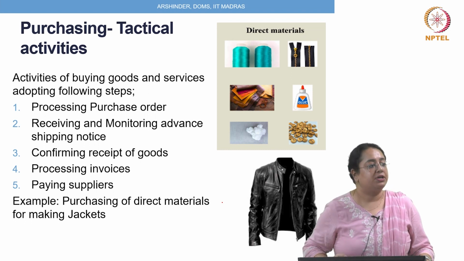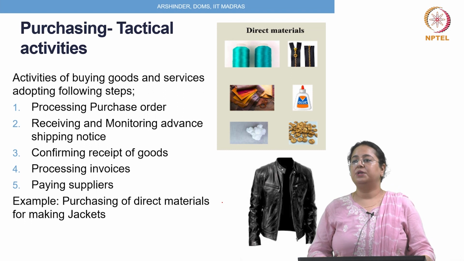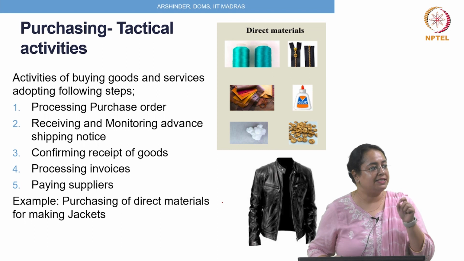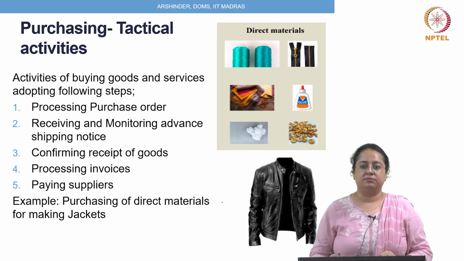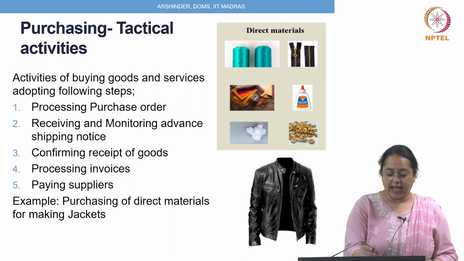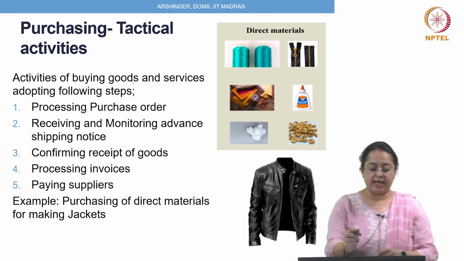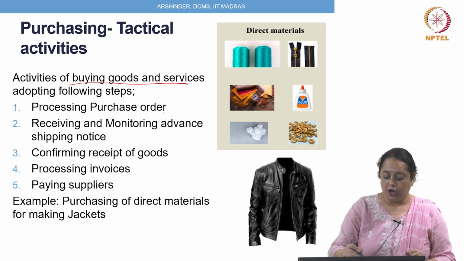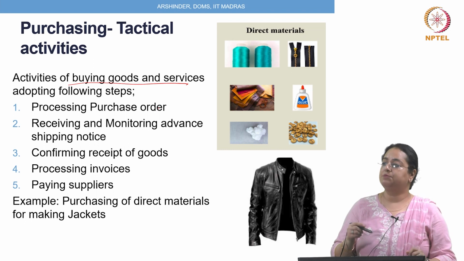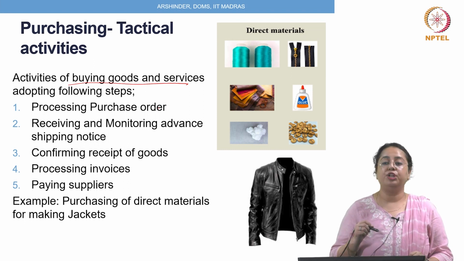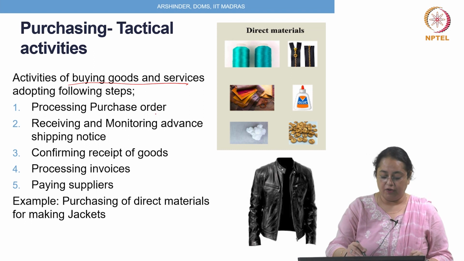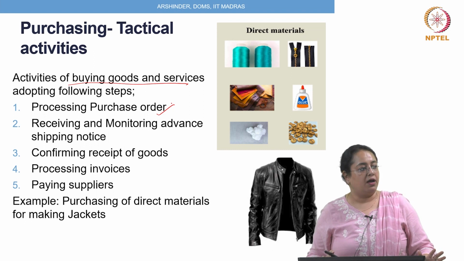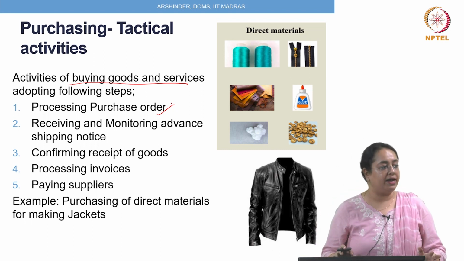When we talk about purchasing, procurement, and supply management, let's see in detail what each is. What is purchasing? The activities of buying goods and services. The purchasing activities begin when the need has been identified, what your user wants. We process the purchase order, meaning we have identified the need and the supplier.